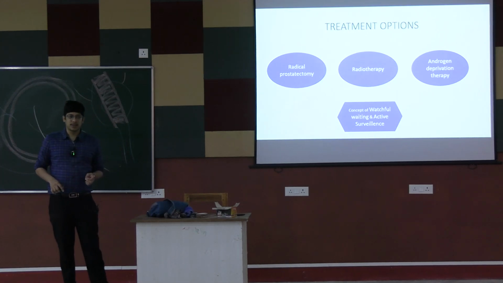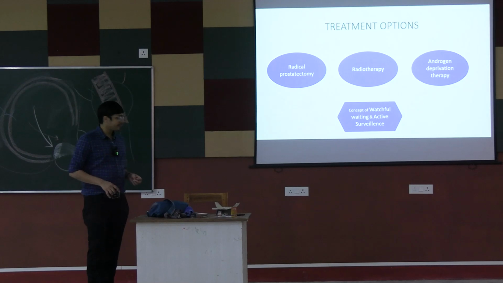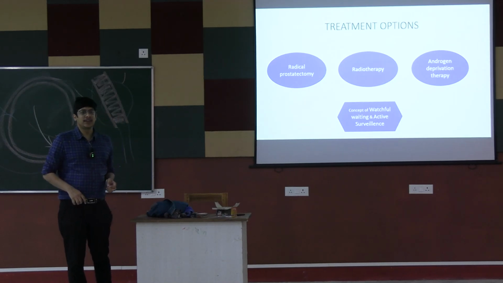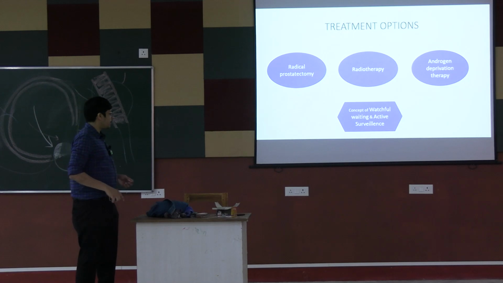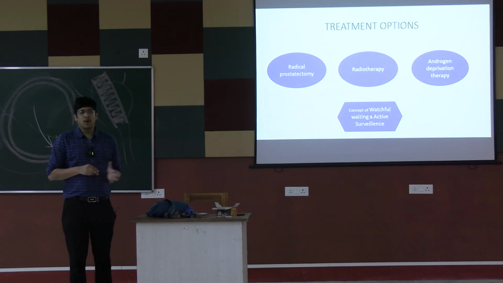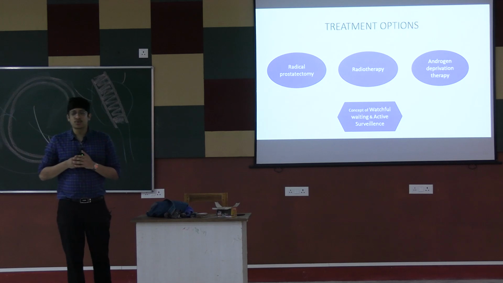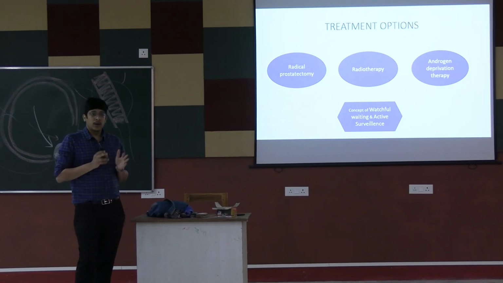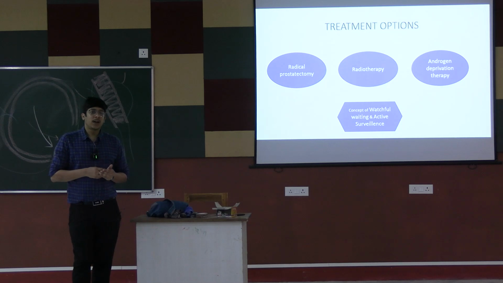One is, if it is a very low risk disease in a very elderly individual with no symptoms at all, we can do either watchful waiting or active surveillance. In these two, we are not treating the patient. In watchful waiting, we wait for the patient to develop symptoms, and we intend to treat only when the patient is having symptoms.